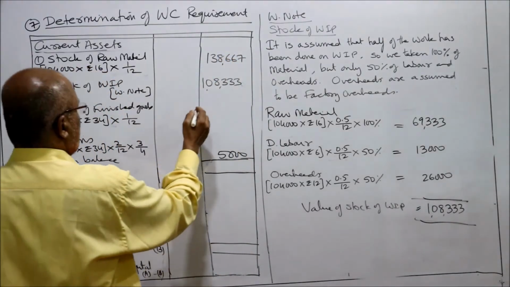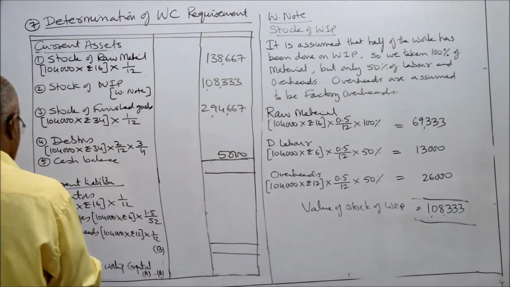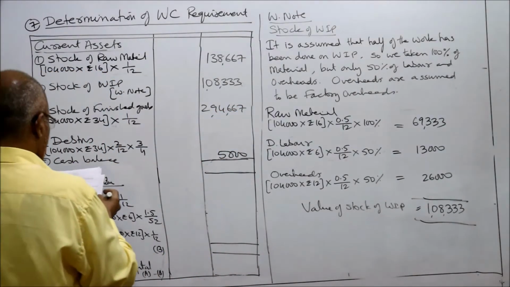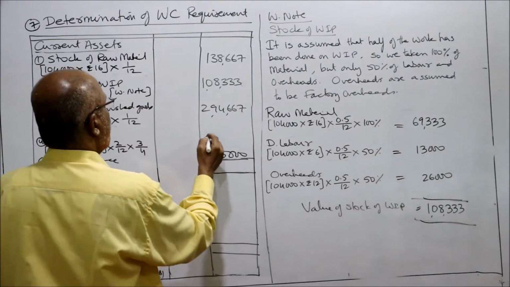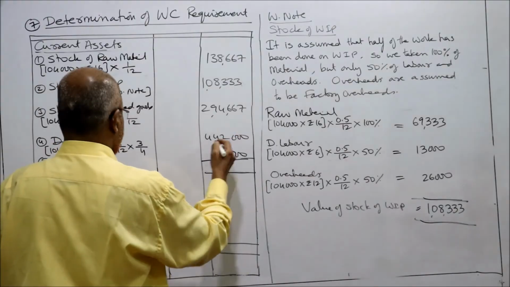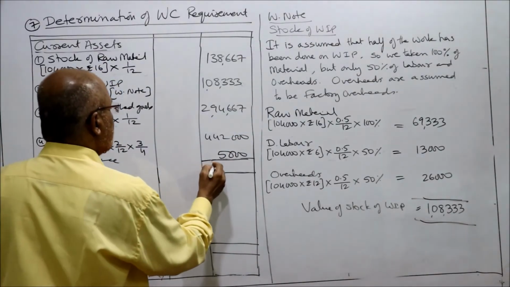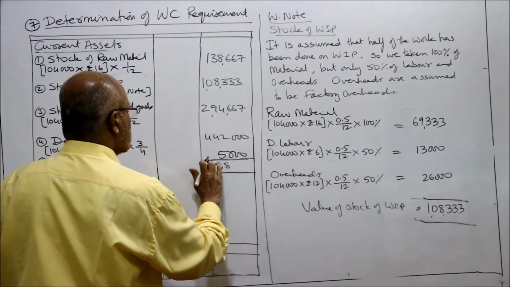Finished goods 2,94,667. Debtors 4,42,000. Total 9,88,000.